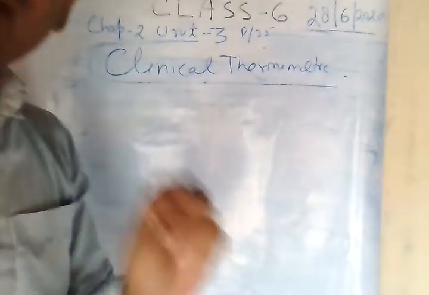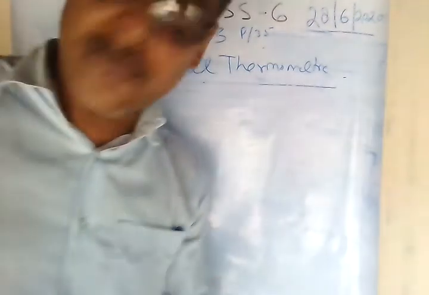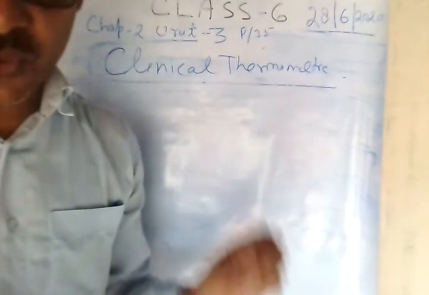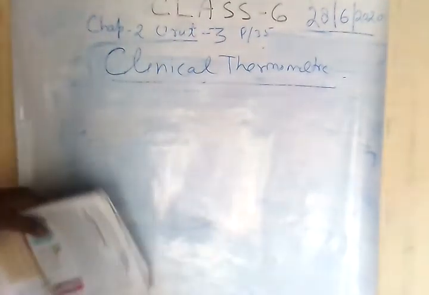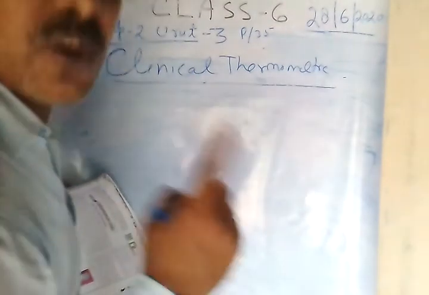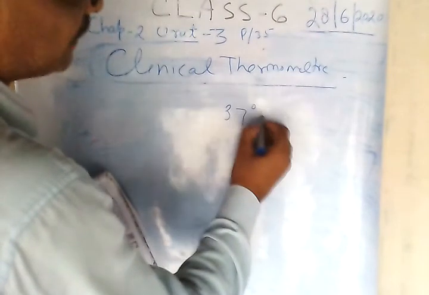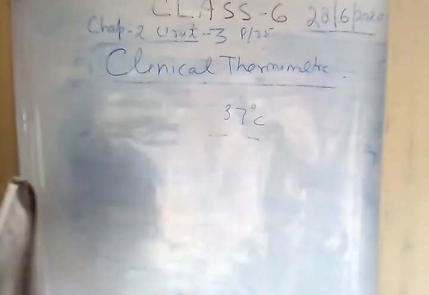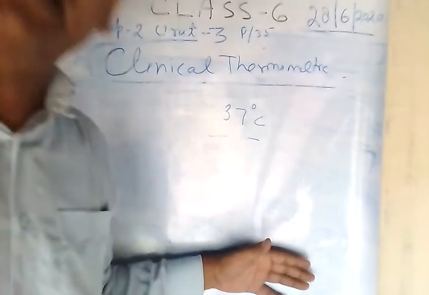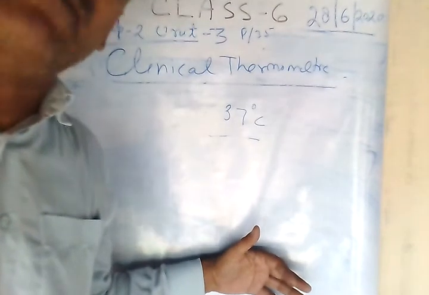The clinical thermometer is the device used to measure the temperature of the human body. The normal temperature of the human body is 37 degrees centigrade. By the clinical thermometer, we can measure the temperature of the human body, and the normal temperature of a human body is 37 degrees centigrade. If the temperature of the human body is more than 37 degrees centigrade, then we say that the person is suffering from fever.